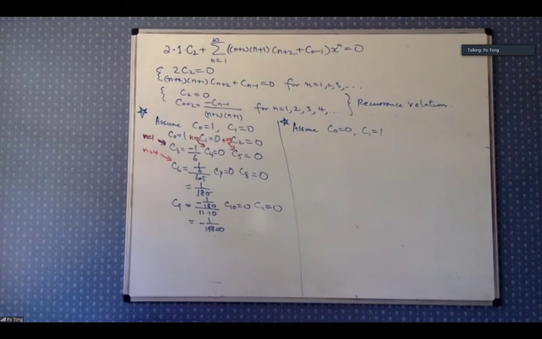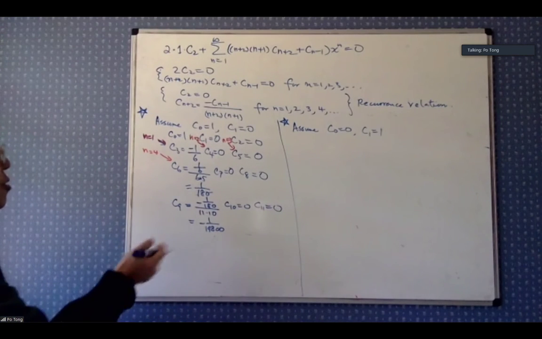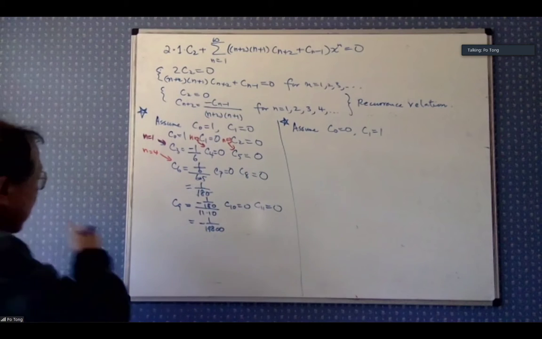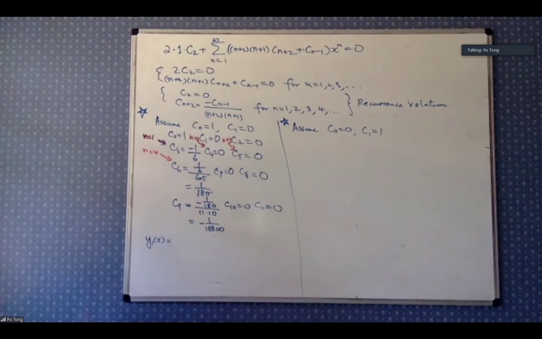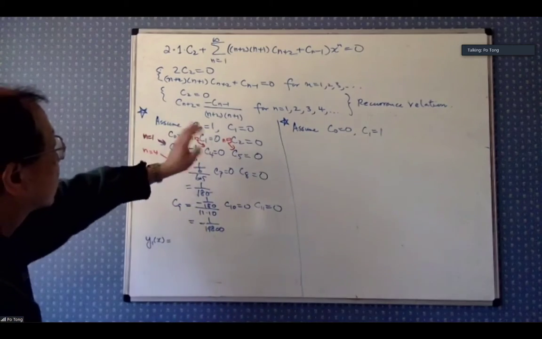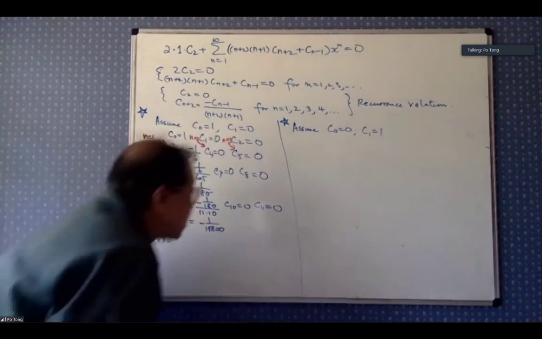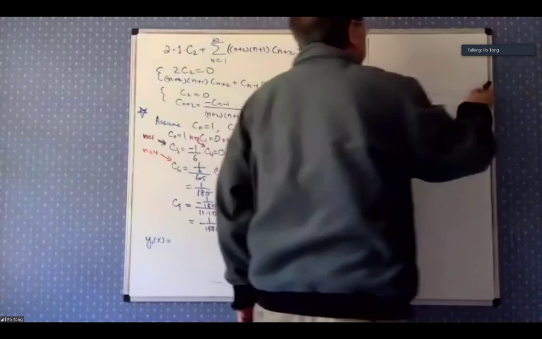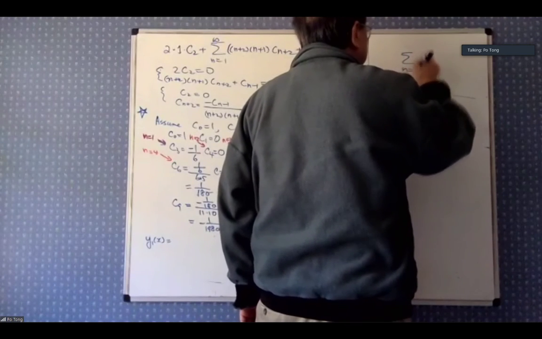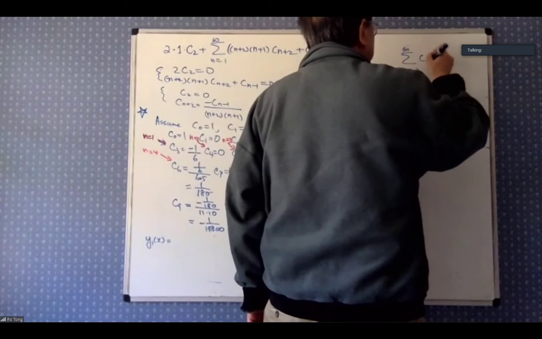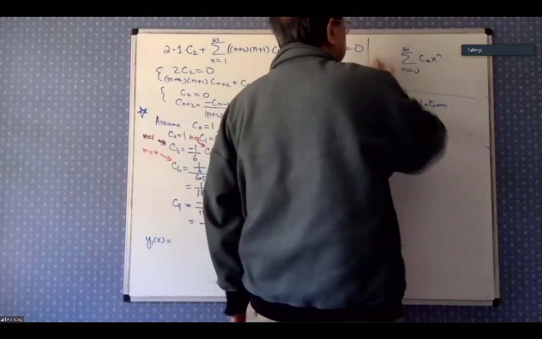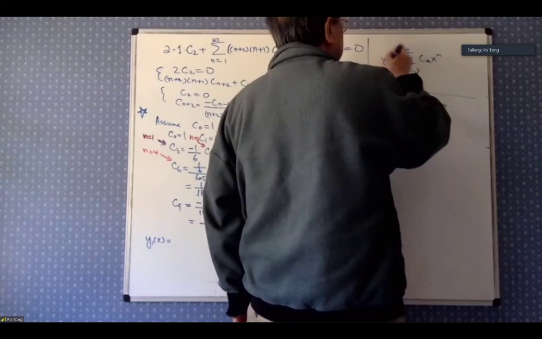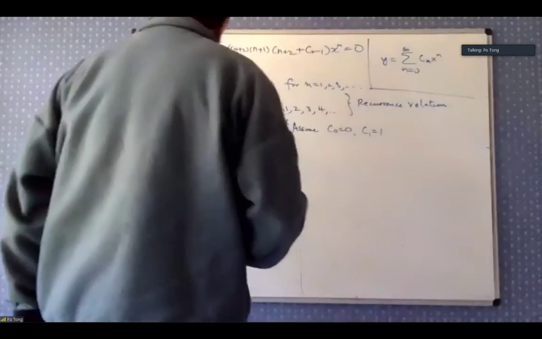So you have two fundamental solutions. One of them is called Y1. It's actually this with these coefficients. Remember originally we said that the solution has this form. You have two solutions, both of this form.